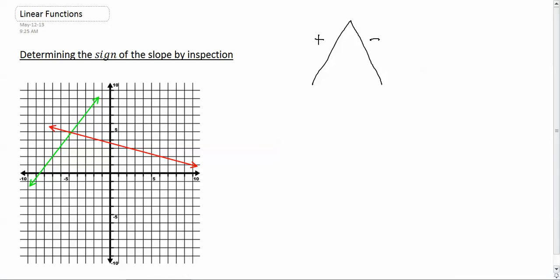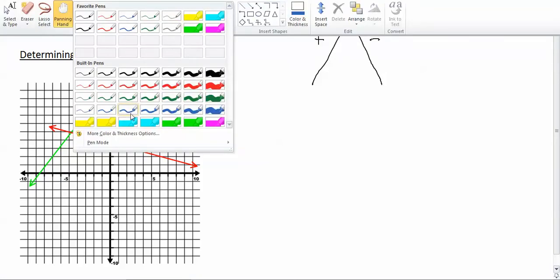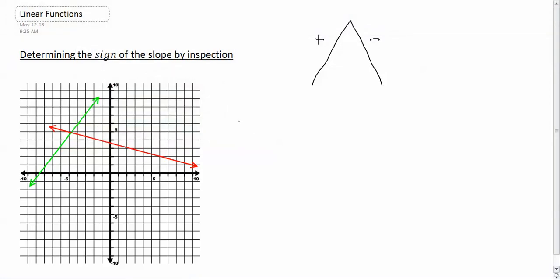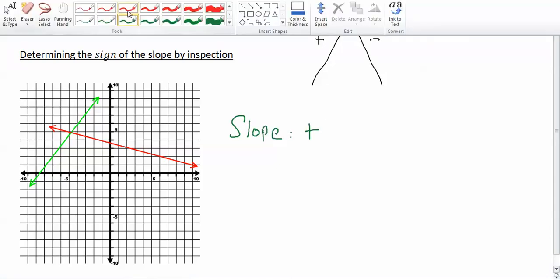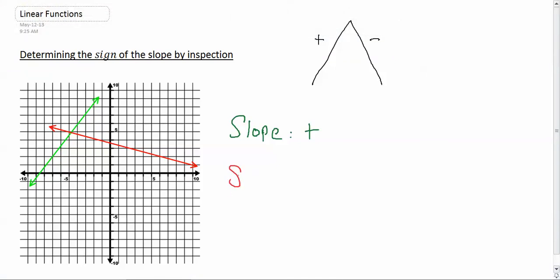It shouldn't take too much, and we can see that the general shape of a positive graph matches our green. So in this case, for our green guy, this slope is a positive slope.